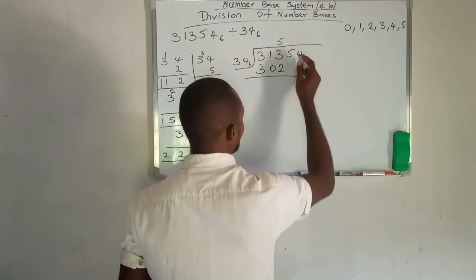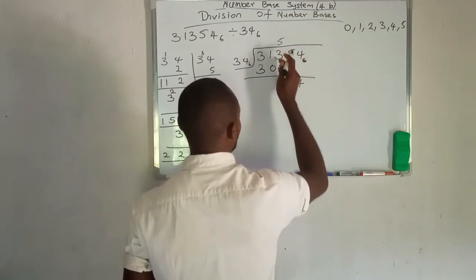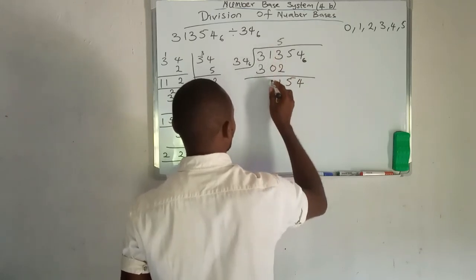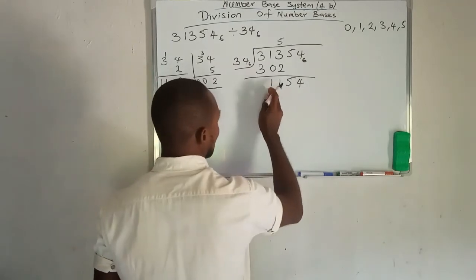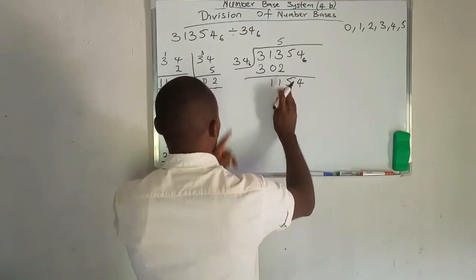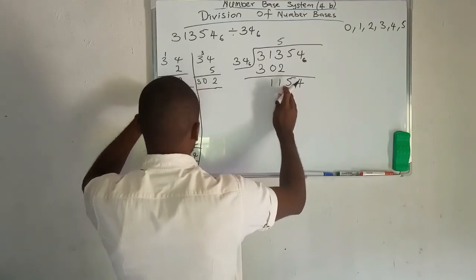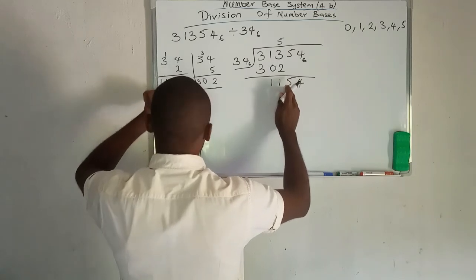and then we subtract, we have 4 here, I'll have 5. So 3 minus 2 is 1, and then 1 minus this is 1. So we have 115, and the number closest to it is this, because this is less than it and this is bigger than it. So pick a number that is less.